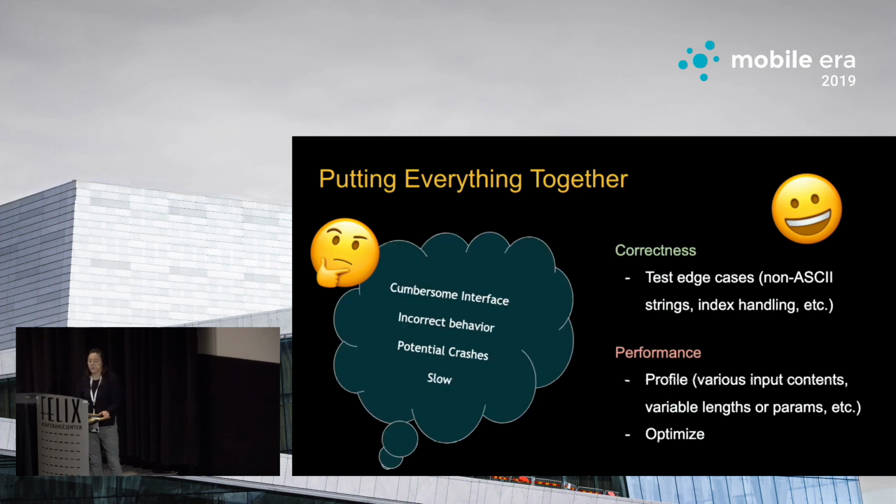Putting everything together, Swift String goes to great lengths to support Unicode correctness and various languages and emojis, but it comes at a price. The interface is more cumbersome, the APIs can be misused, which can lead to incorrect behavior or crashes, and it has performance implications.